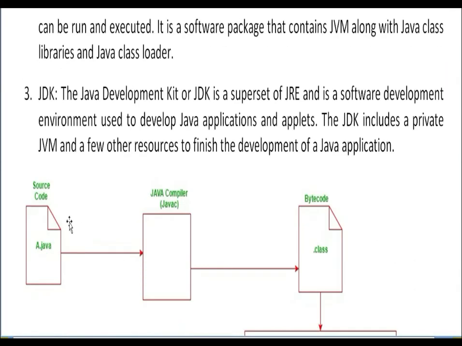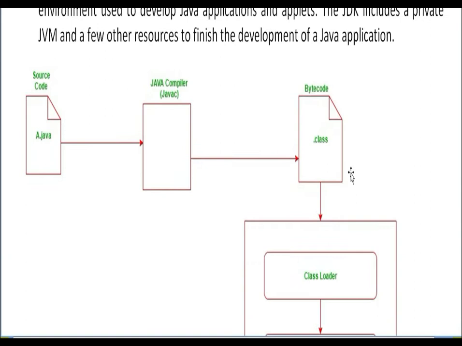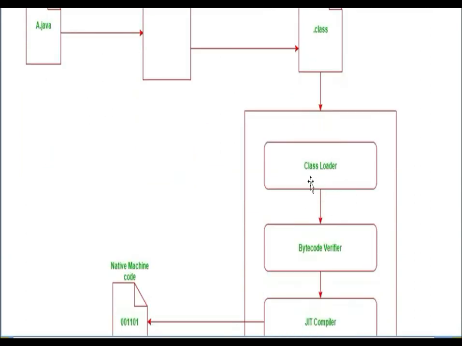So whatever code you write, you have to save it as .java. Then there is a Java compiler and it generates bytecode. This bytecode is again interpreted, and each system has different interpreters.